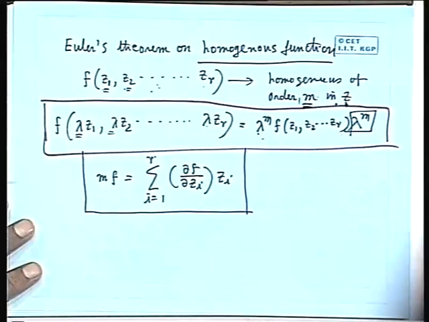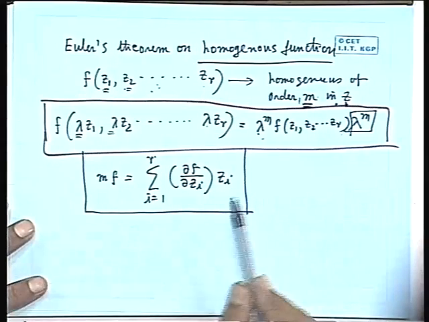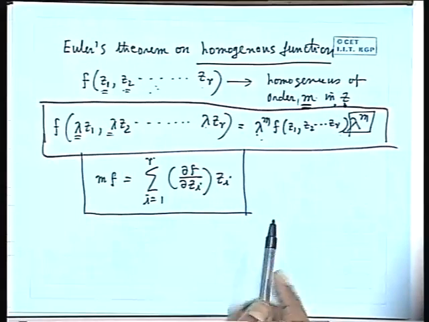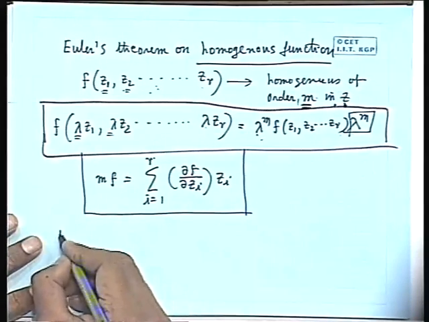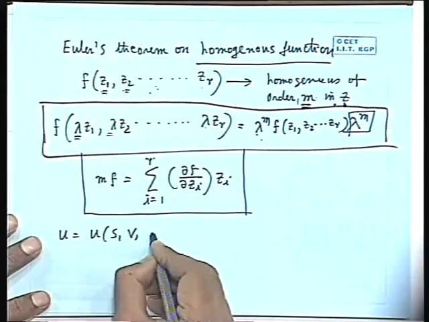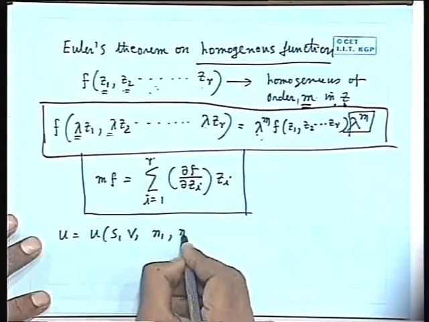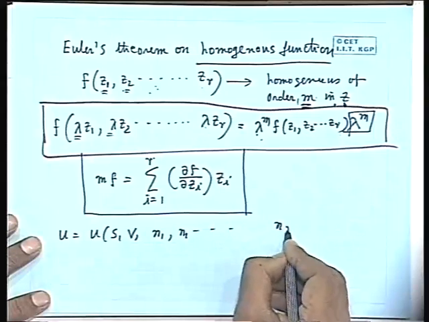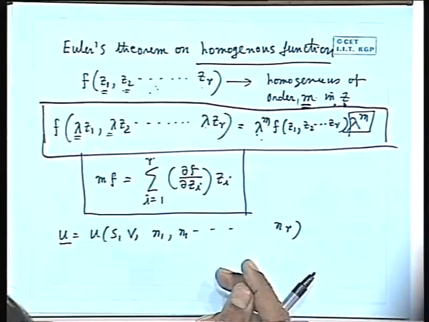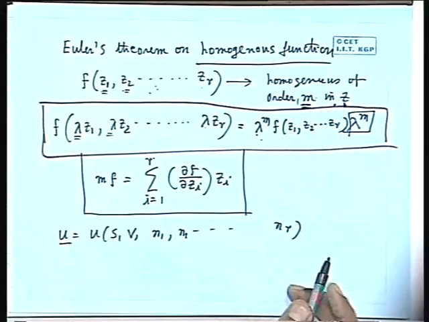I will exploit this Euler's theorem to derive a very important thermodynamic relation. Now, you see again at the beginning we told that U is a function of S, V and n1, n2 to nr, and we have seen finally that this U is a homogeneous function of order 1 in S, V and n, that we have already seen.